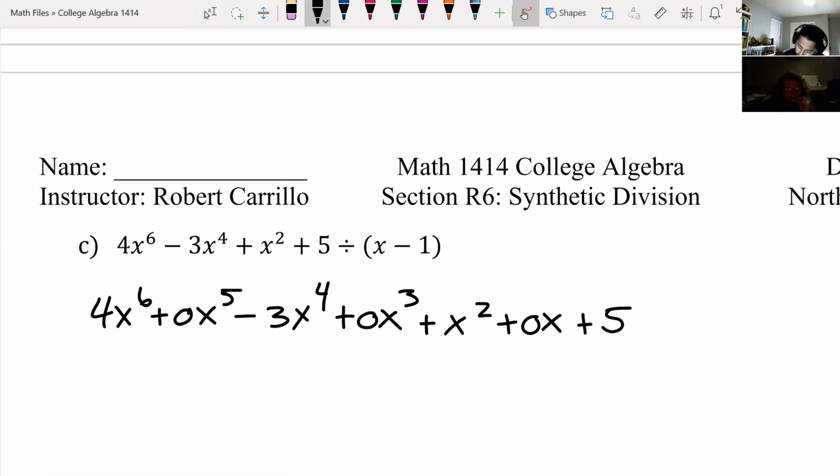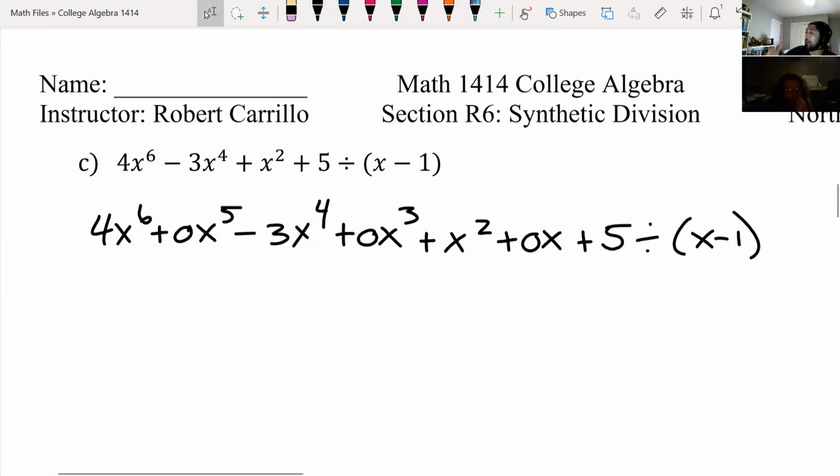Zero x plus 5, divided by x minus 1. 6, 5, 4, 3, 2, 1, 0. Perfect. Okay, which means we have all powers accounted for, which means since we have x minus 1, we are going to use 1.